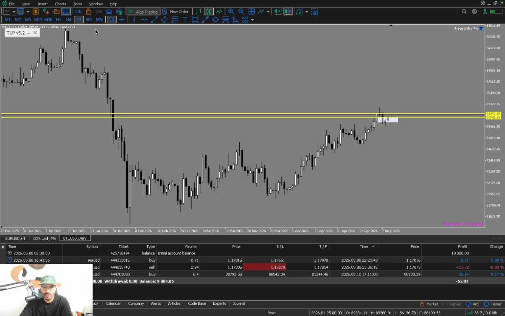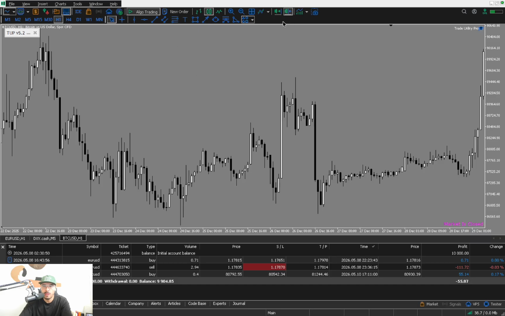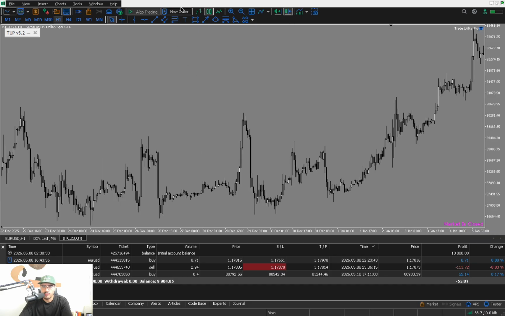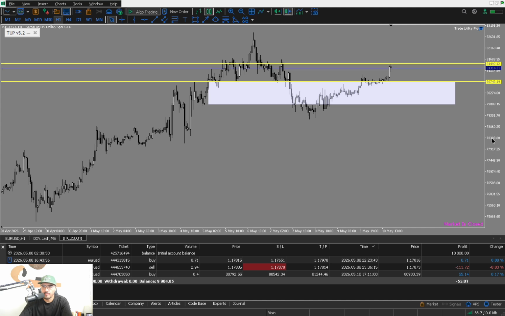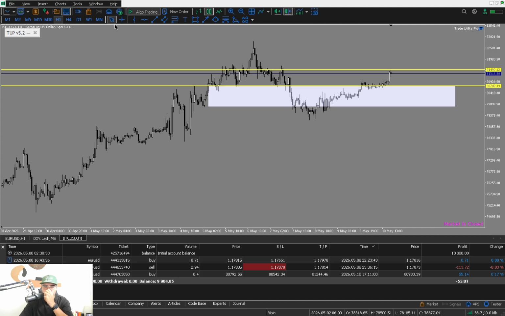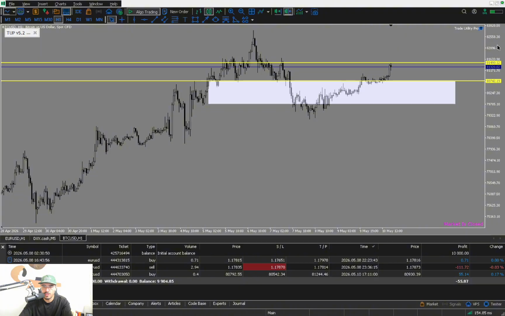So the first thing I do after I find my bias is go to the 1 hour time frame, zoom out a little bit so I can find myself in the chart. Here I am, and the first thing I do is I see that there's a pattern. I don't go crazy with chart patterns, to be honest, but this was off the bat.